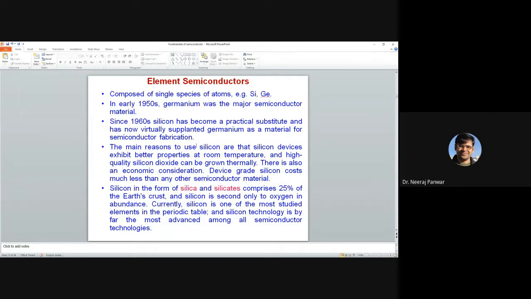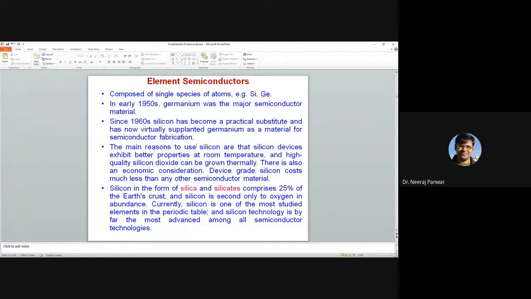There are several reasons for that. One is that silicon is present in abundance on earth in the form of silica or silicates. So it is abundant in nature, easily available, and economically easy to grow in the form of single crystals.